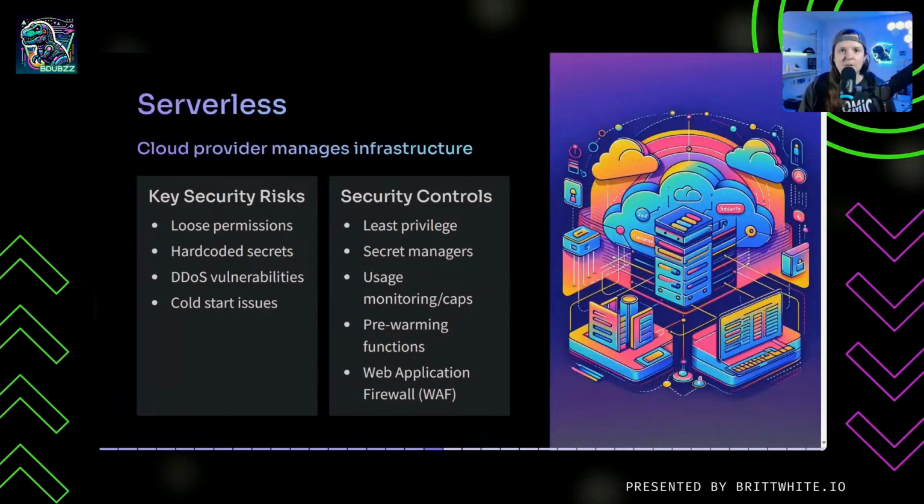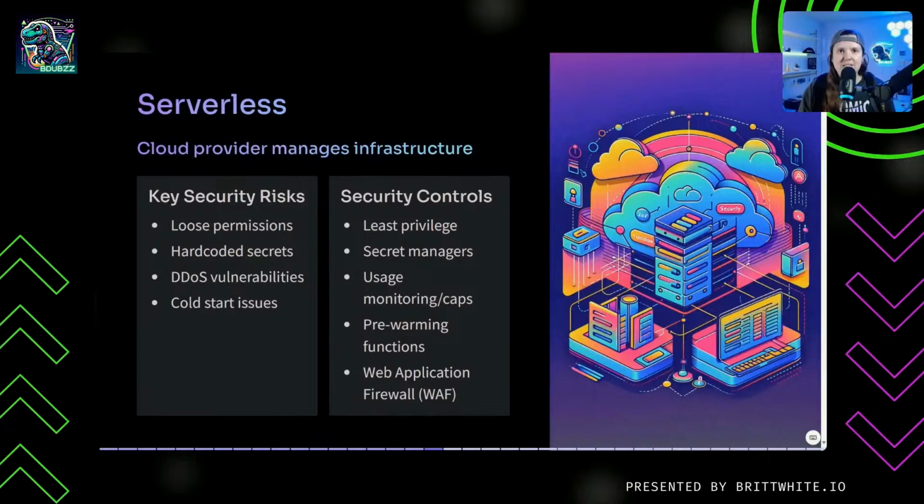Give access to only what's needed. Use secret managers, not code, for credentials. Set usage caps and monitor to stop threats. Pre-warm functions to dodge cold starts, and use a web application firewall on API-driven ones for extra muscle. Serverless is a dream, but it's not hands-off. Secure it right and you're set.